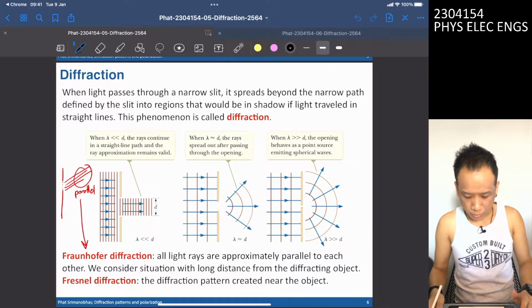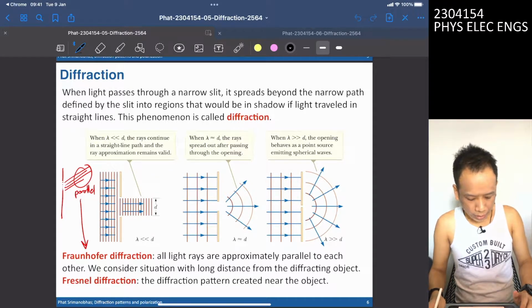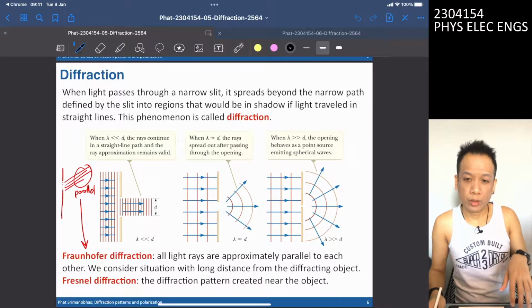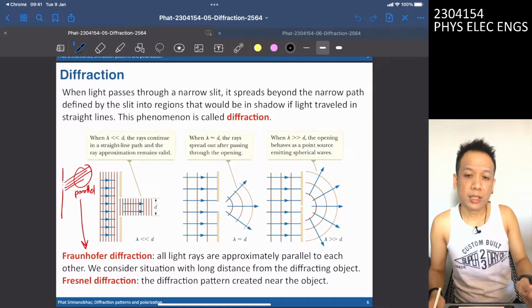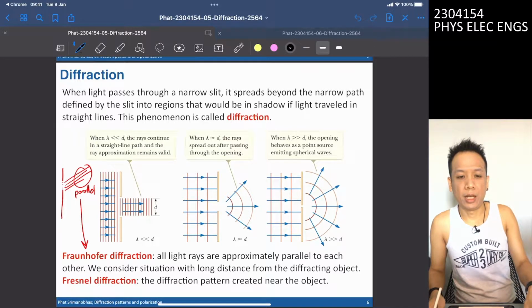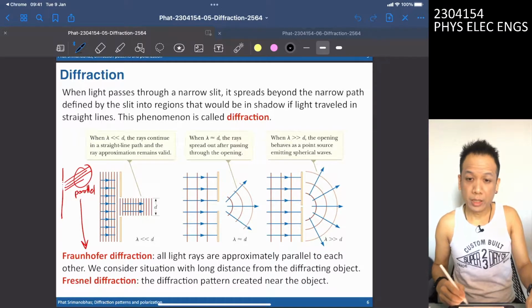So that is the phenomenon called diffraction, and I already mentioned that in our class we're talking about the Fraunhofer diffraction. So we're talking about the pattern that we see far away, so that we can approximate the light rays that travel from the aperture as parallel to each other.